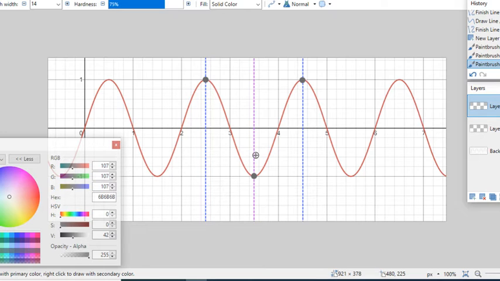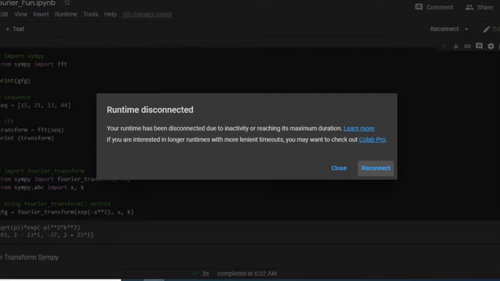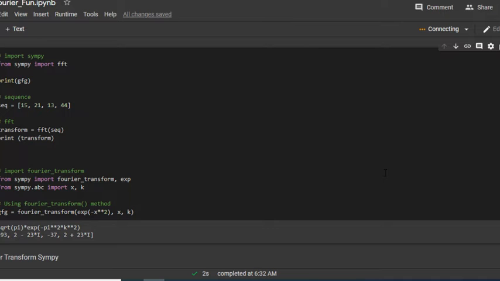So that's the basic intuitive idea of why, in the Nyquist-Shannon sampling theorem, you have to sample at least twice the frequency of the original. There's a more formal proof that I don't know enough of to explain well, but that's the intuitive explanation behind it.